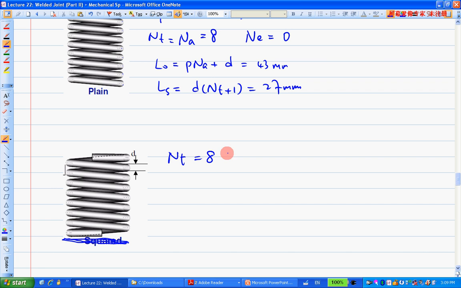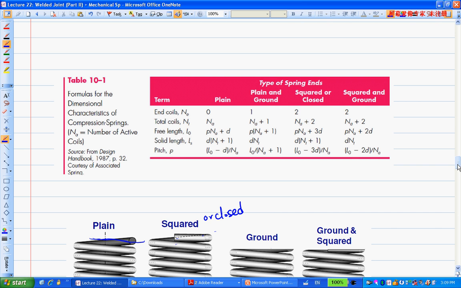Okay. So if NT is 8, then the next step is you identify what kind of spring this is. So let's say you identify the square. If it's a square, then you come back to the table here. The NE value is 2, right?